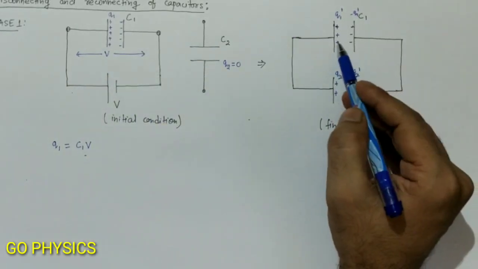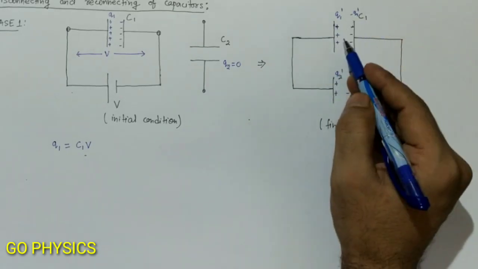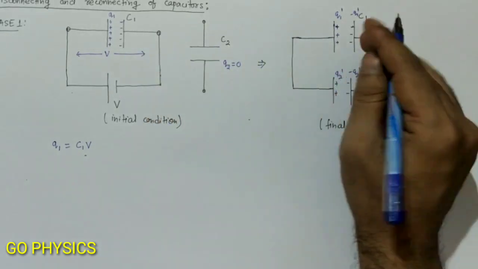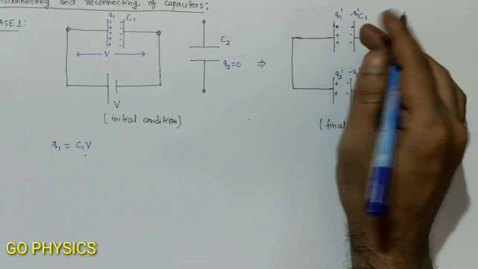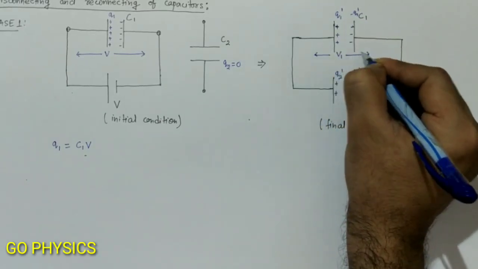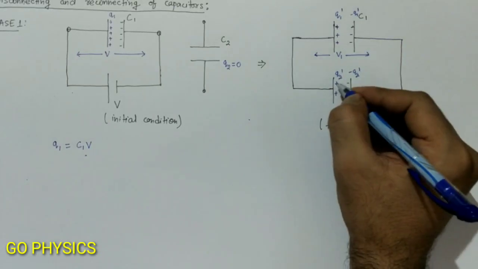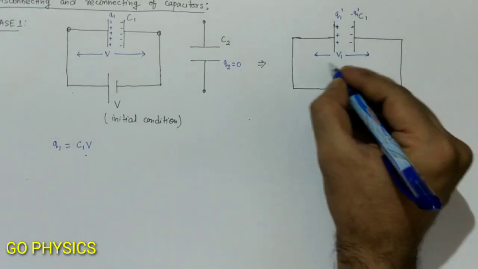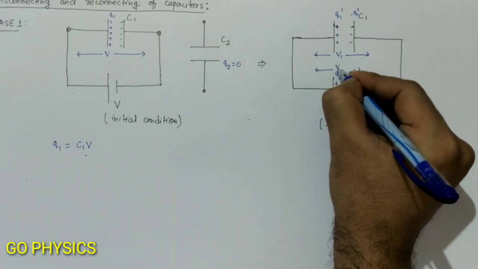And once the charge gets redistributed, the voltage will change because the charge on the capacitor is changing. Let us assume the voltage on capacitor 1 is V1, that is the potential difference, and the potential difference across capacitor 2 is V2.